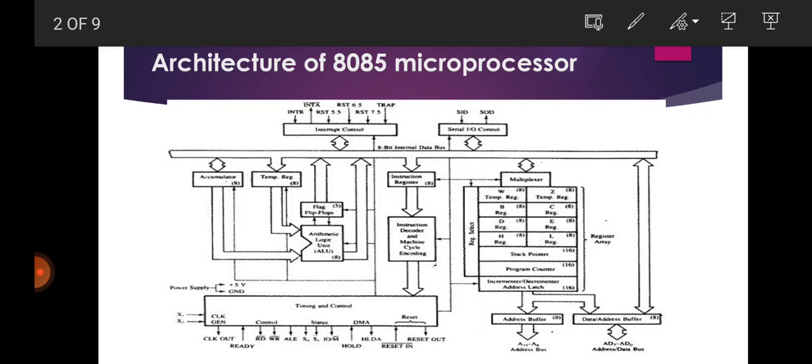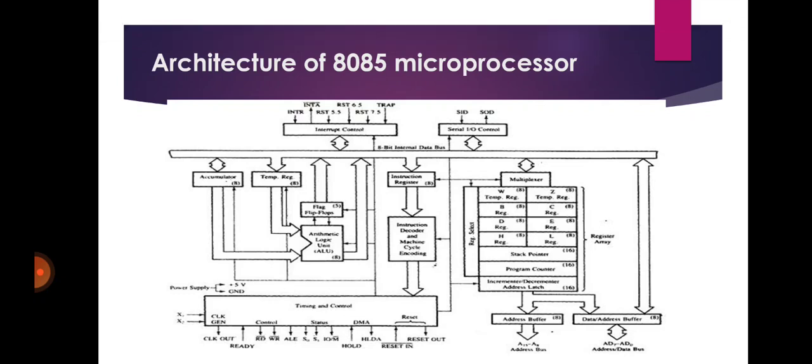ALU is the arithmetic logic unit, which performs arithmetic operations like addition, subtraction, and logical operations like AND, increment, decrement, rotate, and bitwise operations, all performed by the ALU, which is also connected to the accumulator and temporary register. And the flag register.